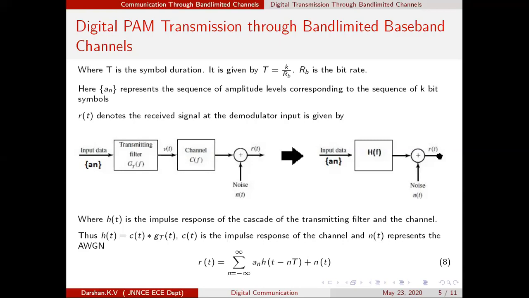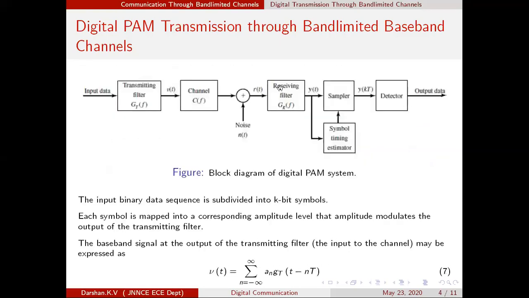What is being done to this received signal? It is passed through a receiving filter, and the output of the receiving filter is sampled. By observing this sampled data, we check which symbol has been transmitted. So where are we detecting? We are detecting over here.